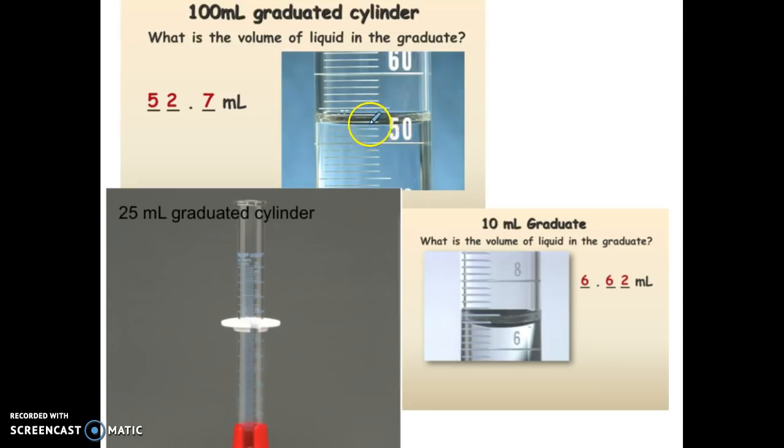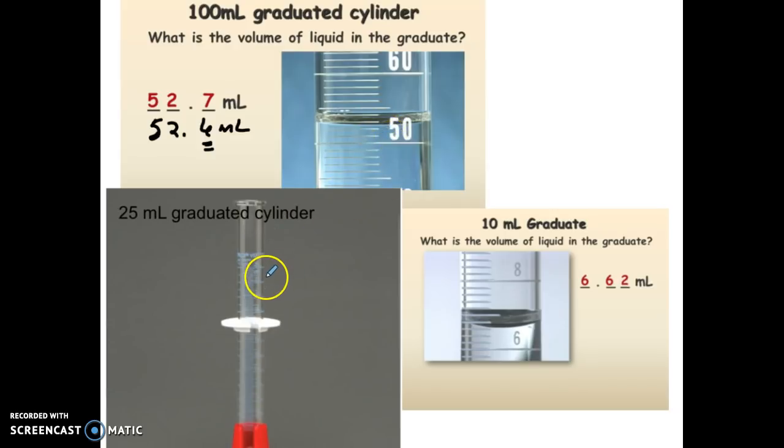So we're reading right into this area, and we're saying 0.7 is the guessing digit. Would Jack or Jill be wrong if they said 52.6 milliliters? The answer is no, because that's definitely within the range of what one person would read compared to the next.